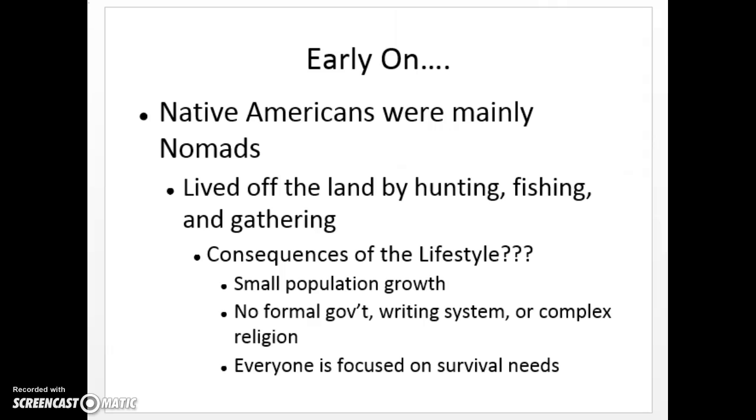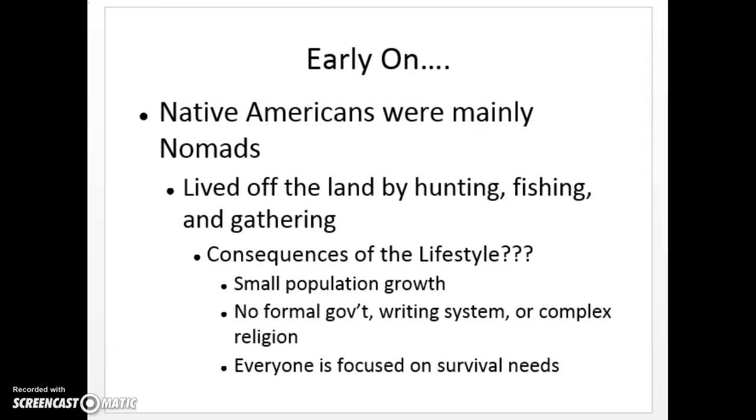The consequence of this is that there's not a whole lot of population growth. There's not a whole lot of specialization. If you don't have large-scale agriculture, there's no real chance for you to develop specialized cultures, systems of government, or really complex religions, because everyone is working on sustenance, hunting and gathering, and survival.